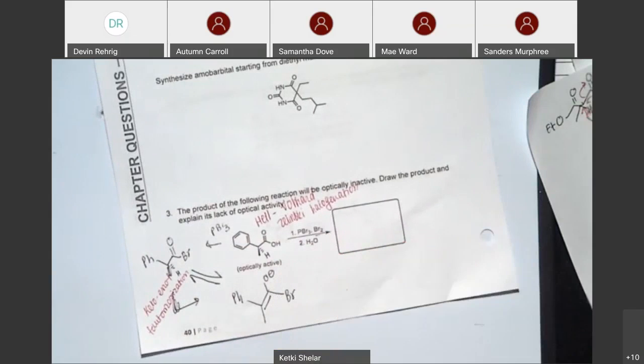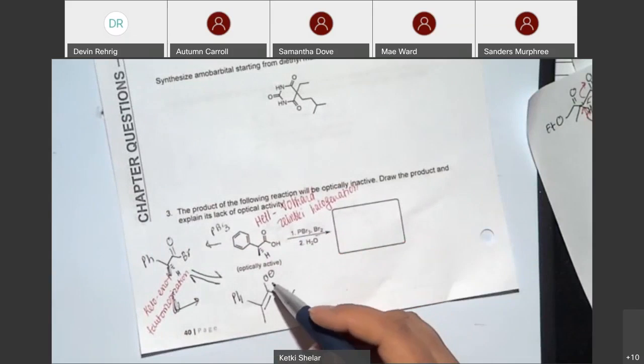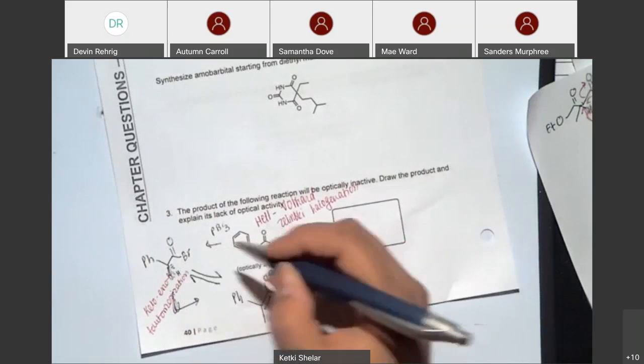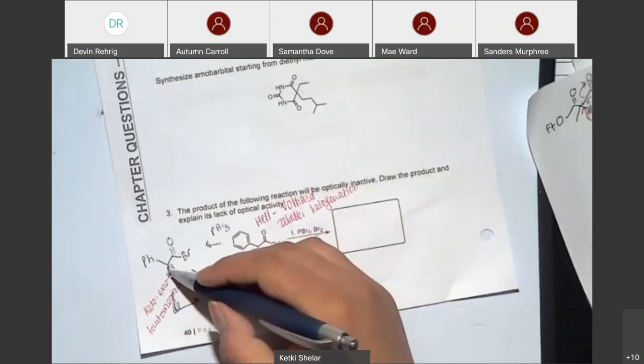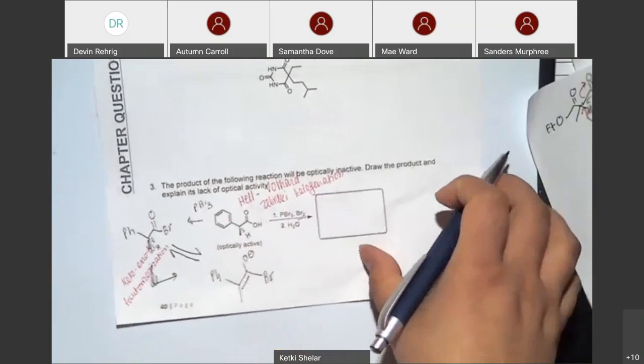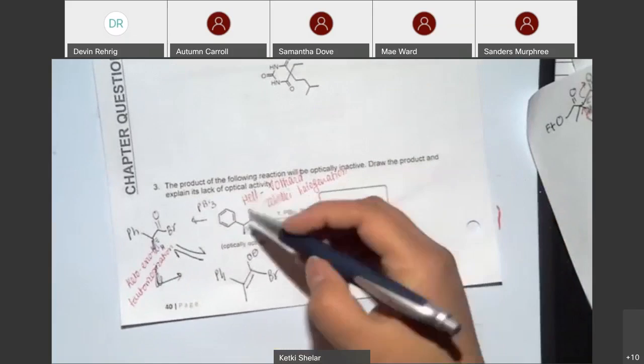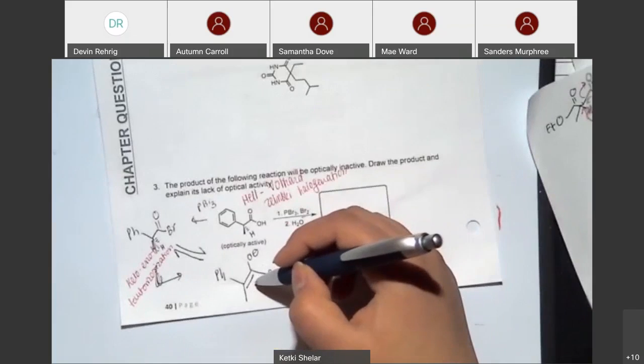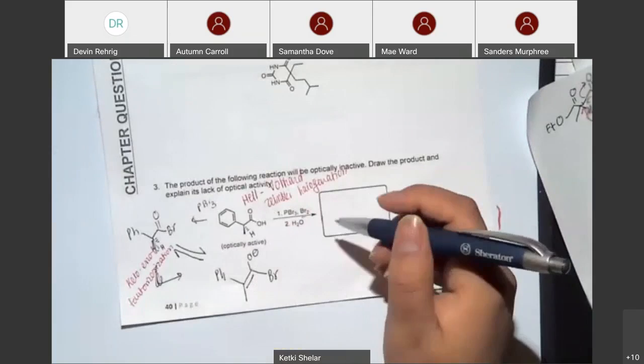So whenever there is enolate formation, this CH3 will go and form a straight line. It won't be like backward or forward because it is becoming rigid because of the presence of this double bond.